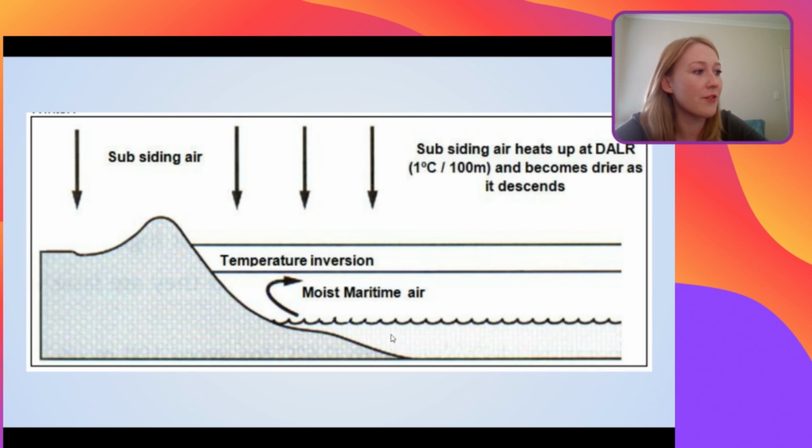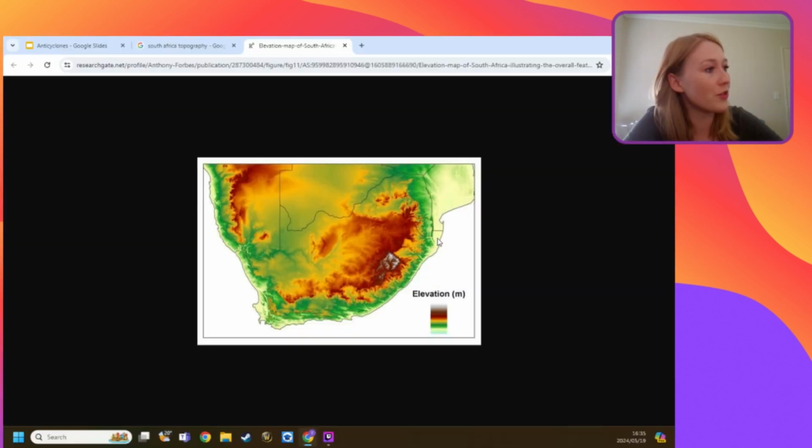So if we have moisture from the ocean and it tries to blow into the coastline or inland from the coastline, it will have to blow up the mountains, up towards the plateau. Towards the coastline over here, it's green, so that's marking the low altitude areas.